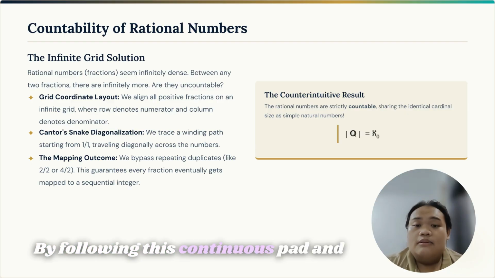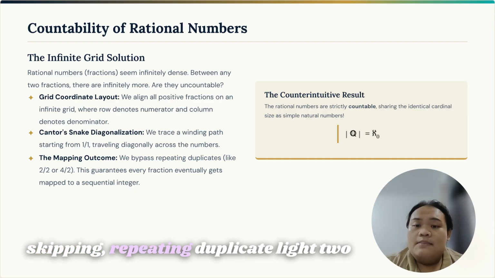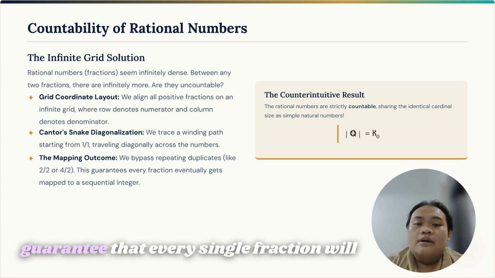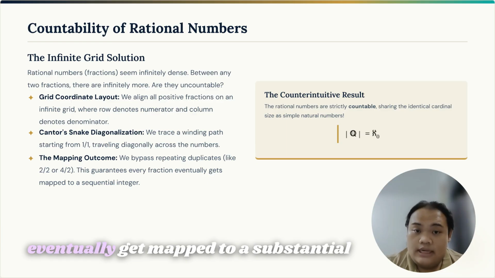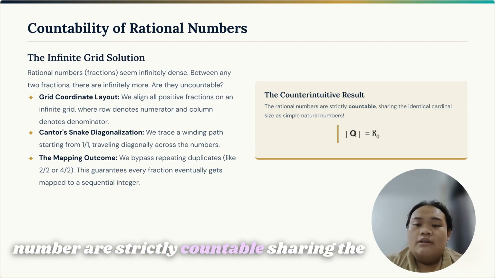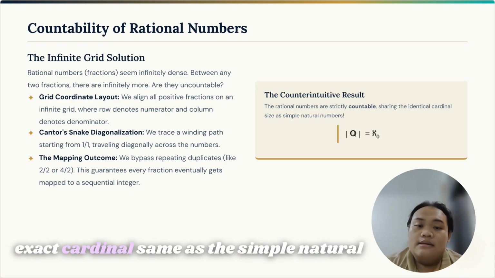By following this continuous path and skipping repeated duplicates like 2 divided by 2 or 4 divided by 2, Cantor guaranteed that every single fraction will eventually get mapped to a sequential integer. This counterintuitive result shows the rational numbers are strictly countable, sharing the exact same cardinality as the simple natural numbers.